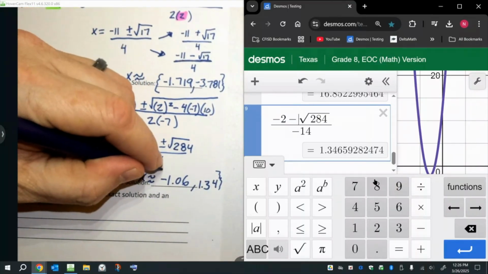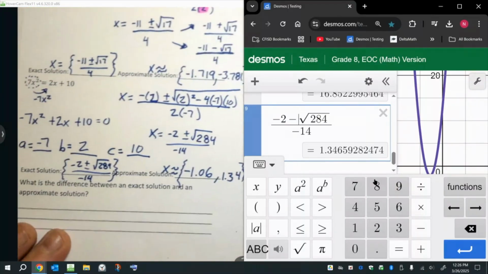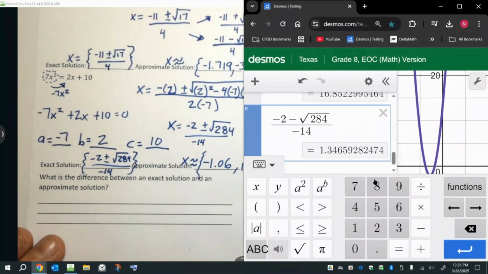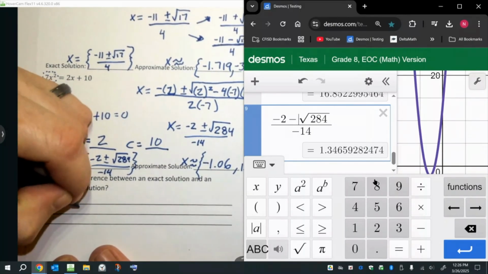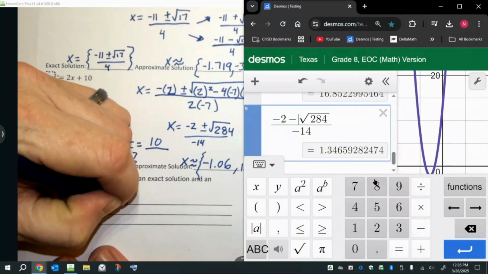All right, so what is the difference, if we want to know? What is the difference between an exact solution and an approximate? Well, an exact solution means that you're just going to have one number.